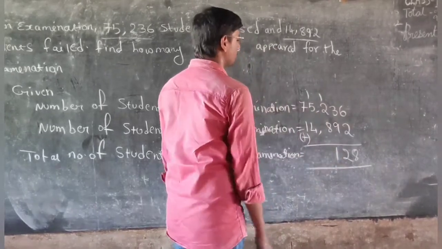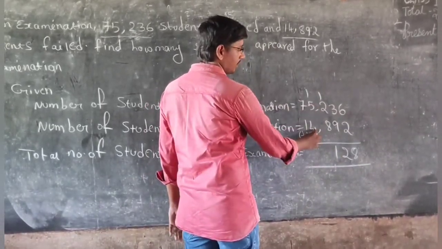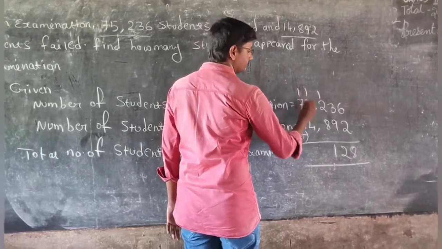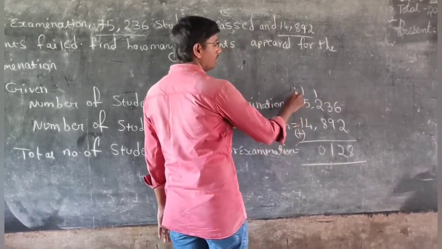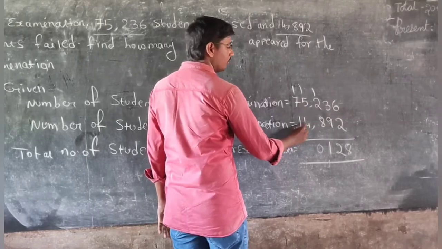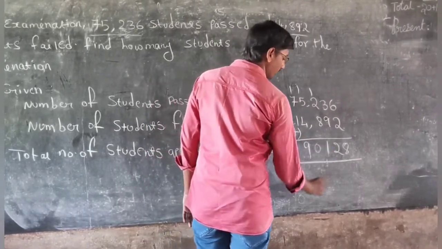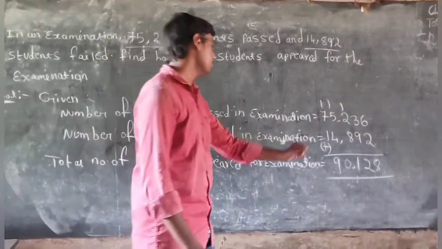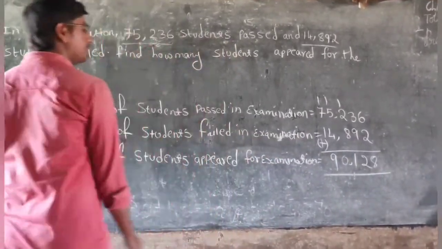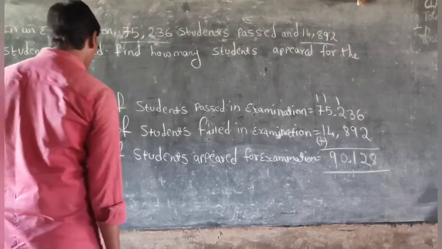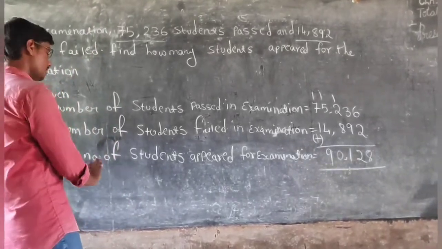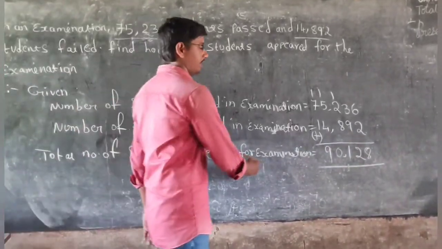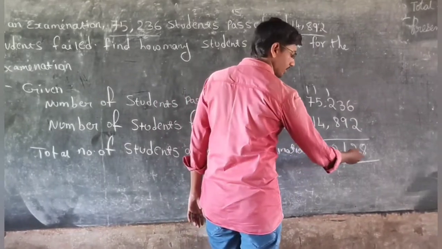Next, 5 plus 4 is 9. 9 plus 1, 10. 1 plus 7, 8. 8 plus 1, 9. So students, the sum of the problem is 90,128. The total number of students appeared for the examination is 90,128.